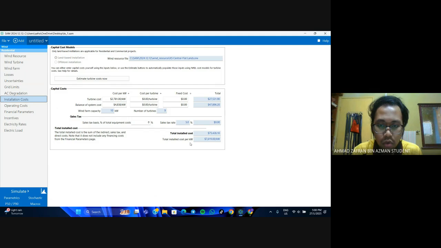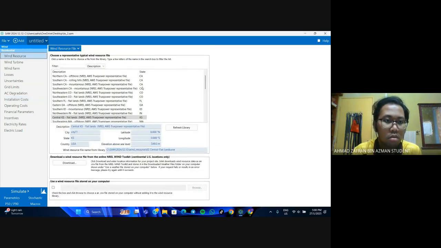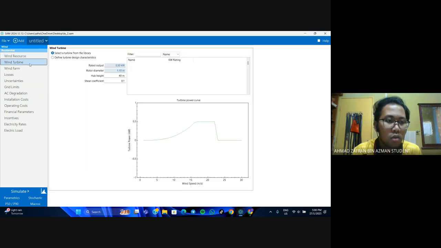And the total install cost per kilowatt is $7,619 per kilowatt.